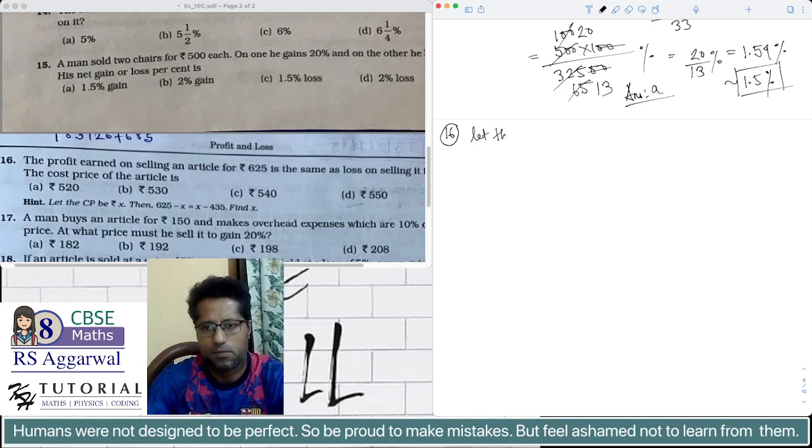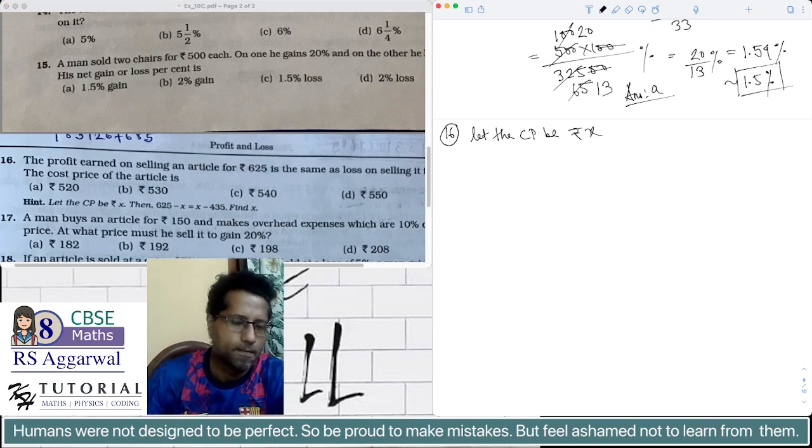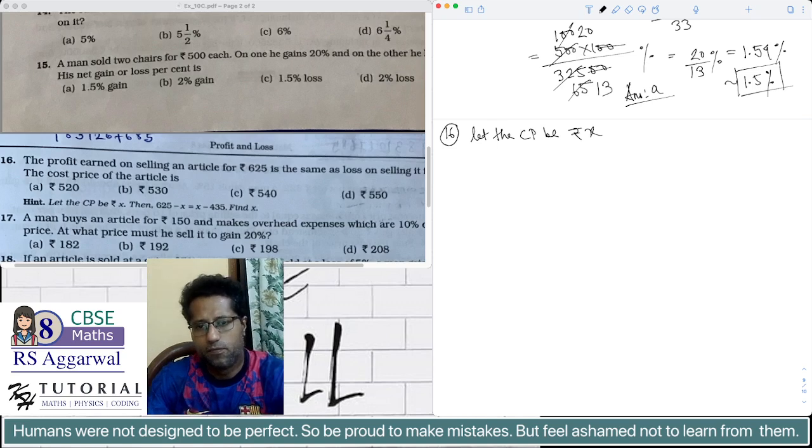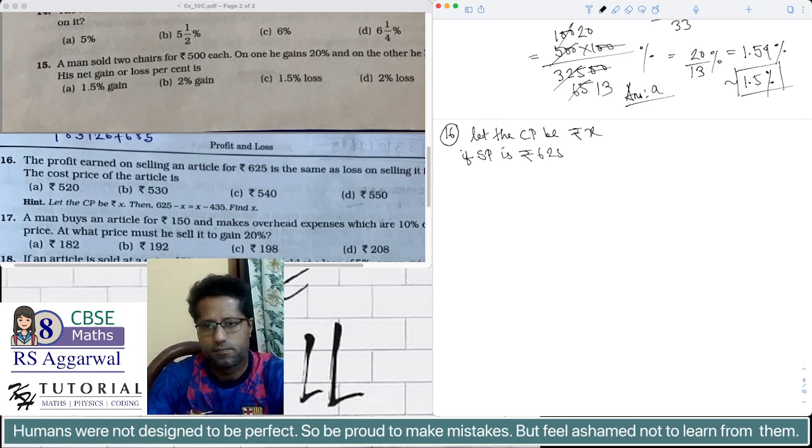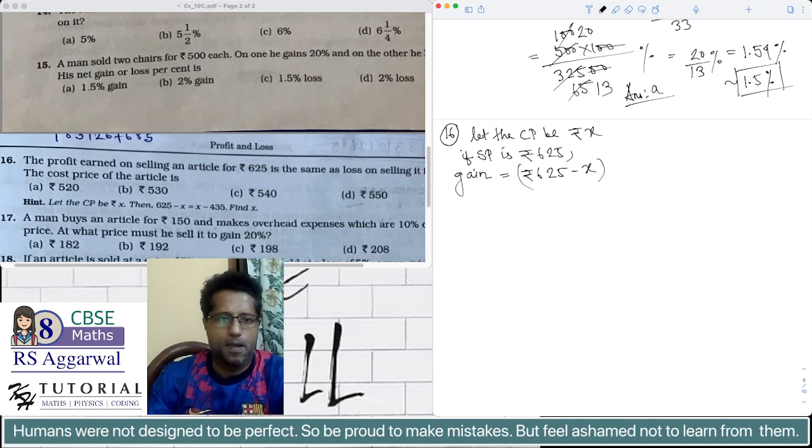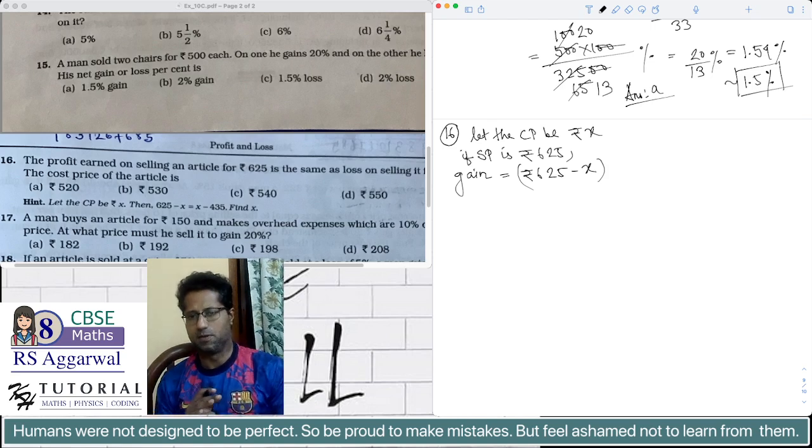Let the cost price be rupees X. Now, if the selling price is rupees 625, the profit earned, that is the gain, is rupees 625 minus X. Now it is saying that if the cost price remains the same and the article is sold for rupees 625, there is a profit.